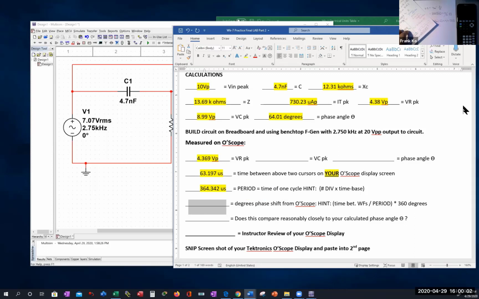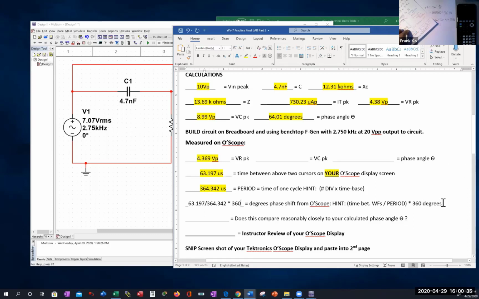This will be 63.197 divided by 364.342. And then we're going to multiply by 360, because I have 360 degrees here.